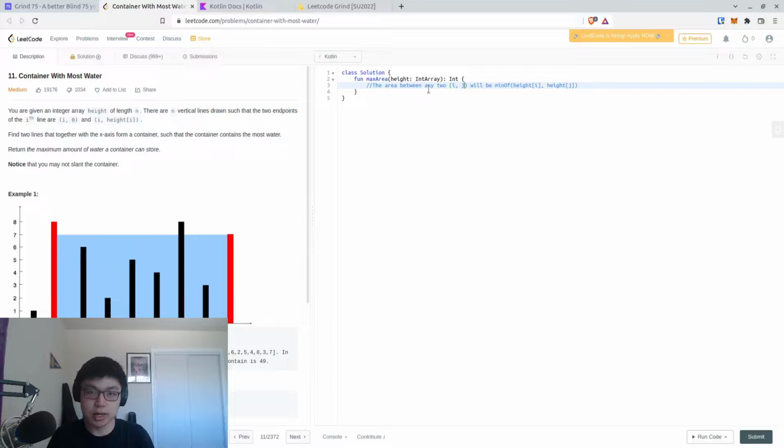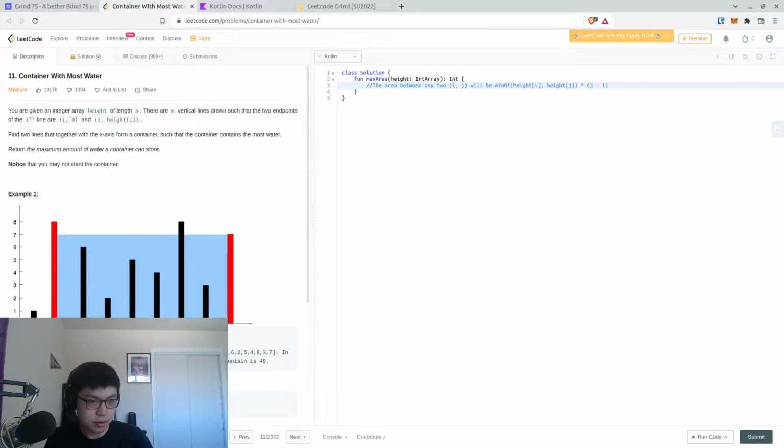Between any two i and j, it will be the minimum height between them, multiplied by j minus i, which will be the difference between them in terms of the x-axis.